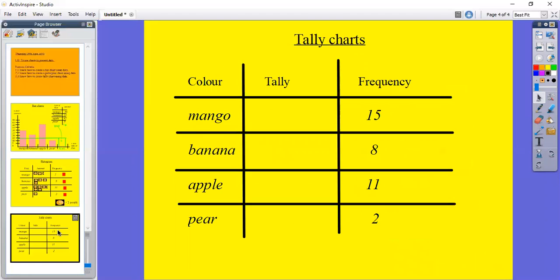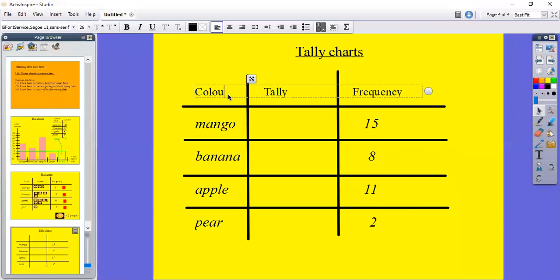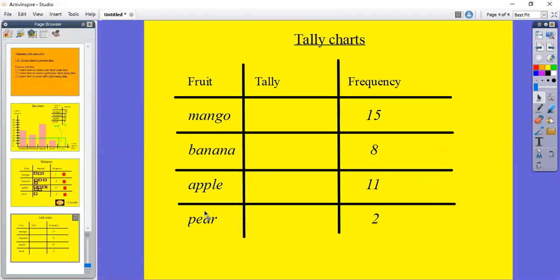And finally, tally charts. We use a lot of tally charts in year 4, so you should be confident with these, but we'll quickly just go through them. So like a pictogram chart, there are 3 columns. The first column with the type of fruit, second column with the number of tallies, the third column with the frequency, which again is just the number.